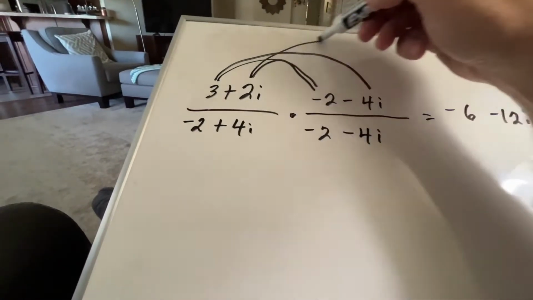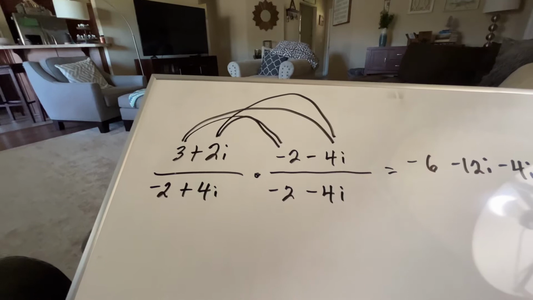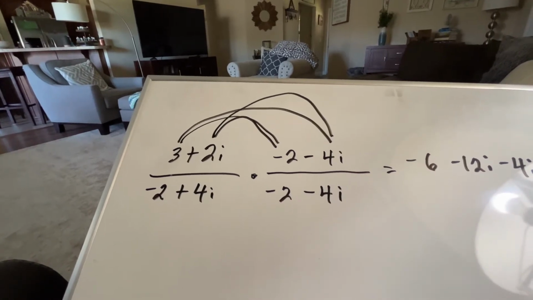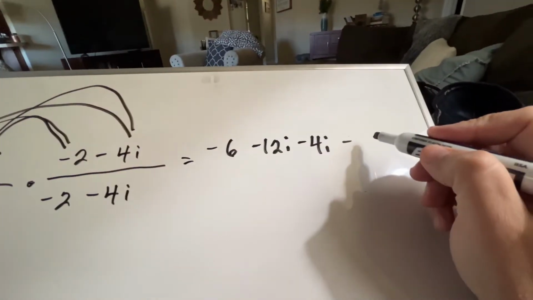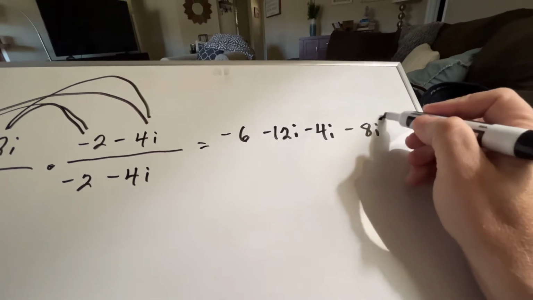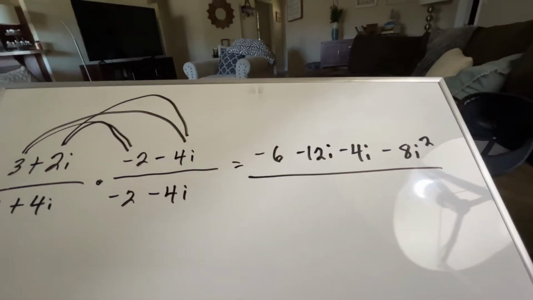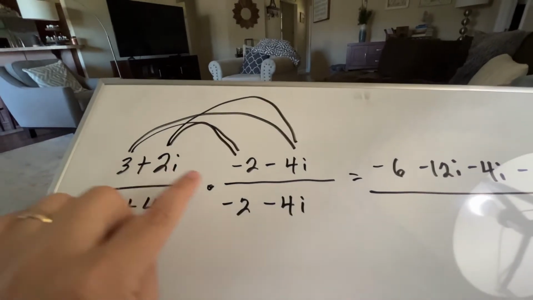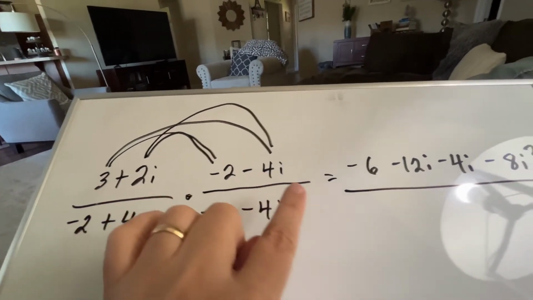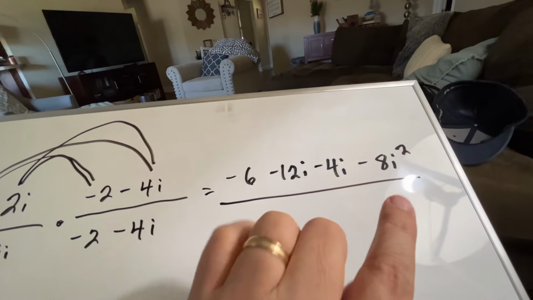And then 2i times negative 4i is negative 8i squared, since i times i is i squared.